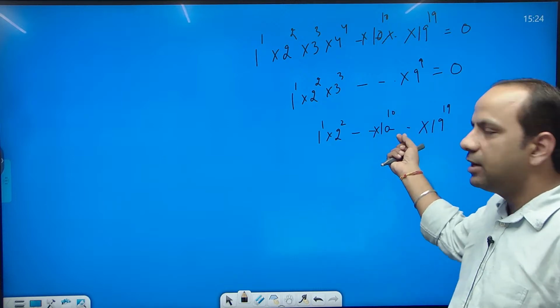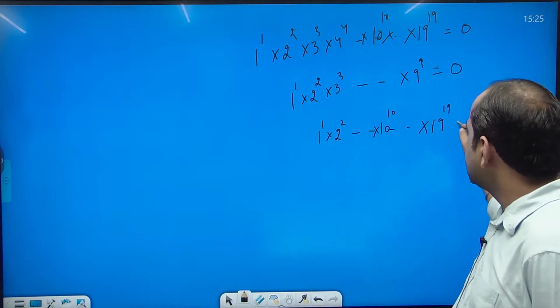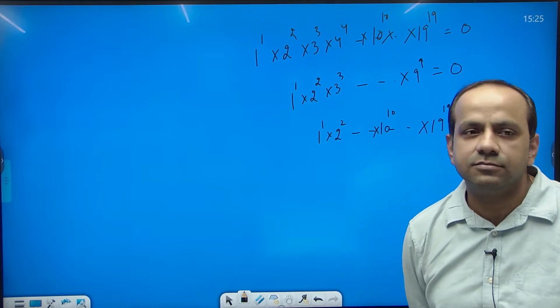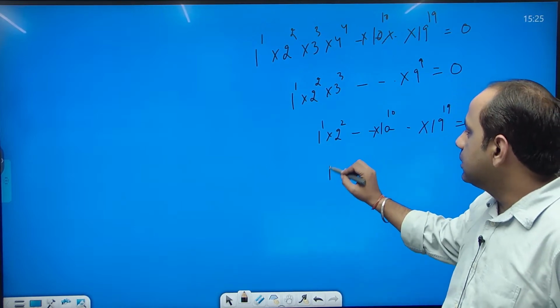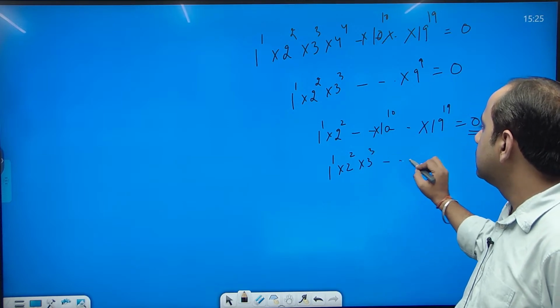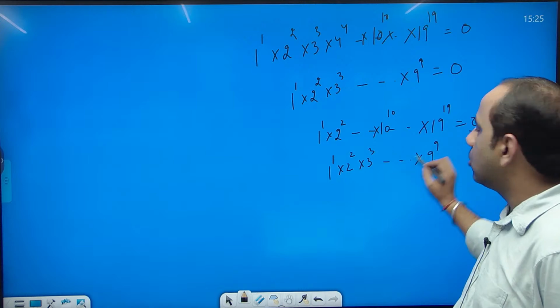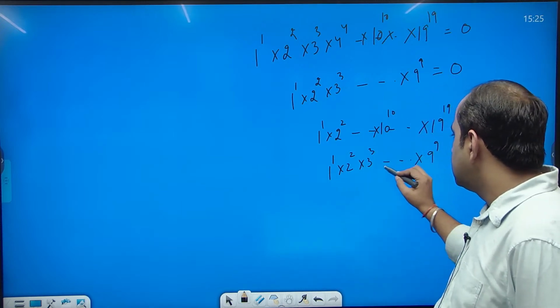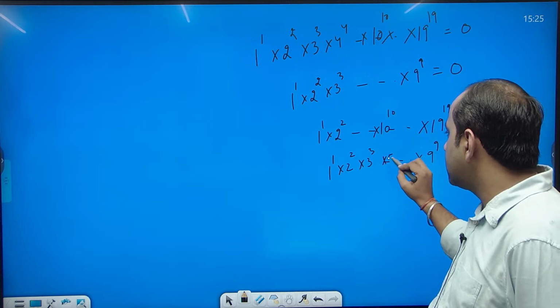So when 10 is multiplied with any of the number, unit digit will become 0 only. Okay, same way in this case, 1 to the power 1, 2 to the power 2, 3 to the power 3 into 9 to the power 9. Although we are not getting 10, but we are dealing with 5 to the power 5.